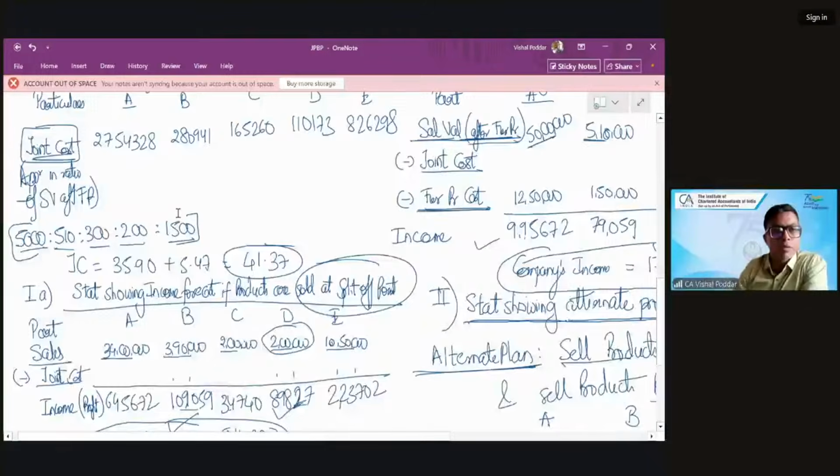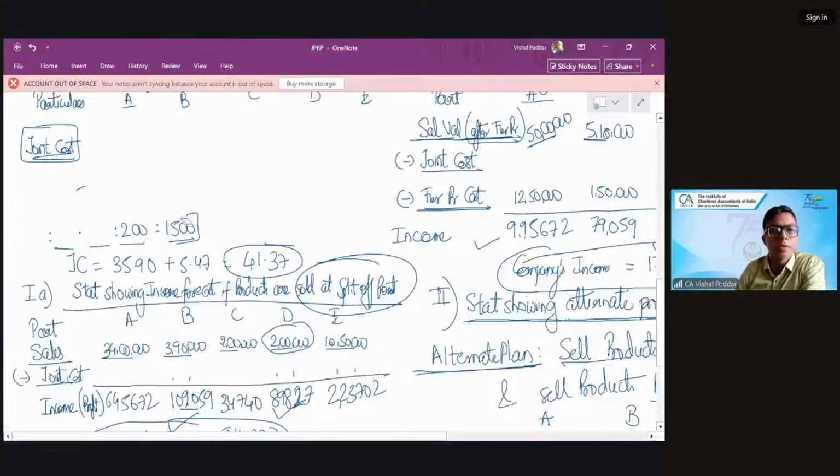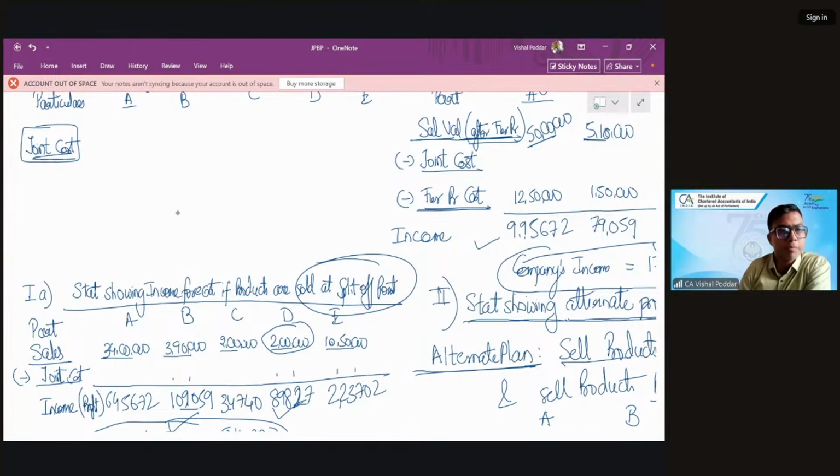Now, in this method, to find out the joint cost, which is to be apportioned, we have to first find out NRV. I'm just rubbing out the total joint cost figure because it remains anyway same.